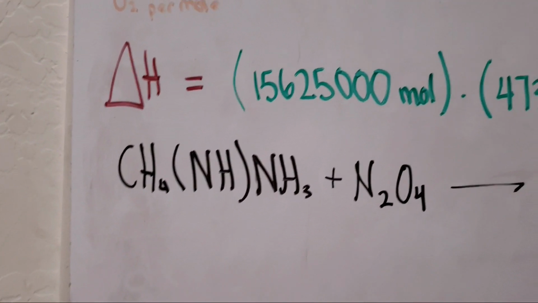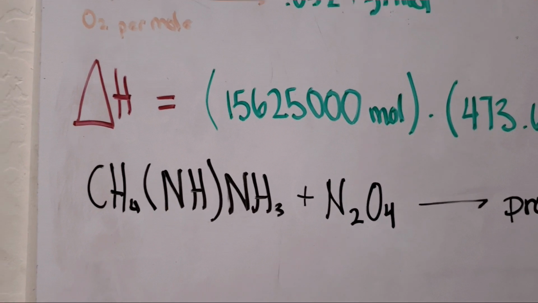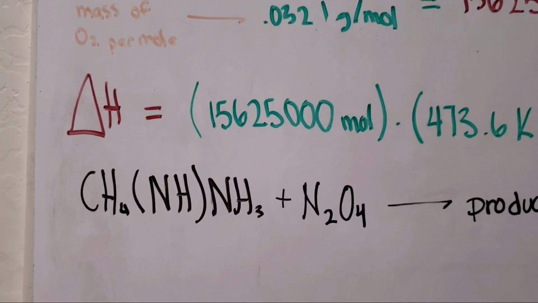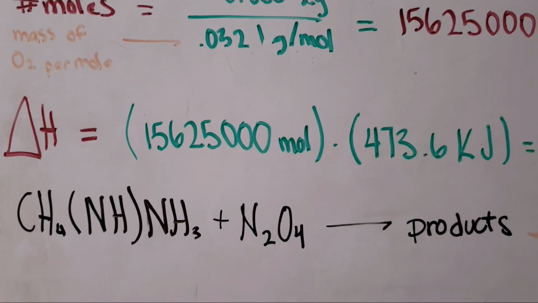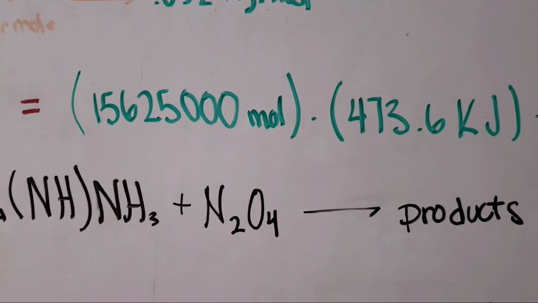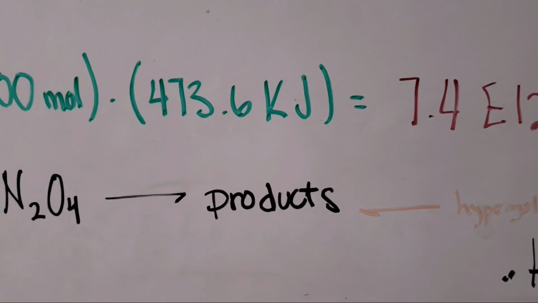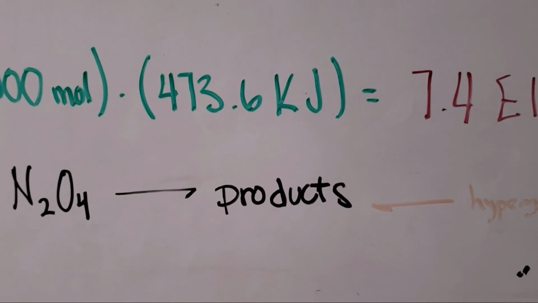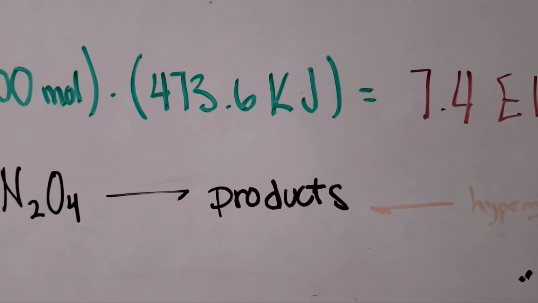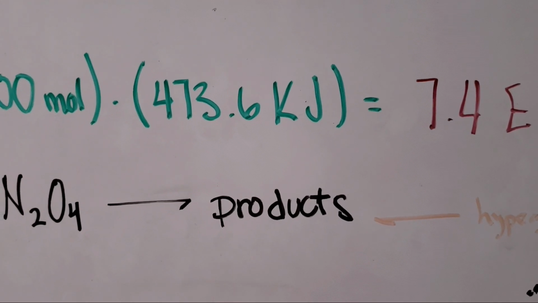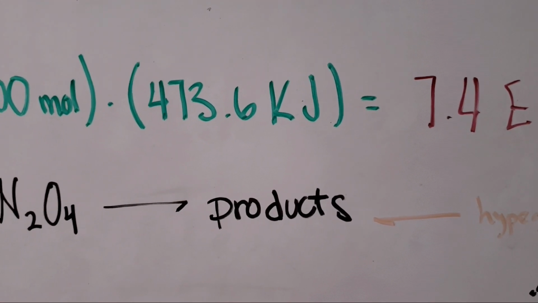Now down here, I've actually calculated the heat, which is delta H. And so we basically take the number of moles that we calculated in the above step, and from some chemistry table, we know that 473.6 kilojoules of heat are produced from each 1 mole of diatomic oxygen burned.